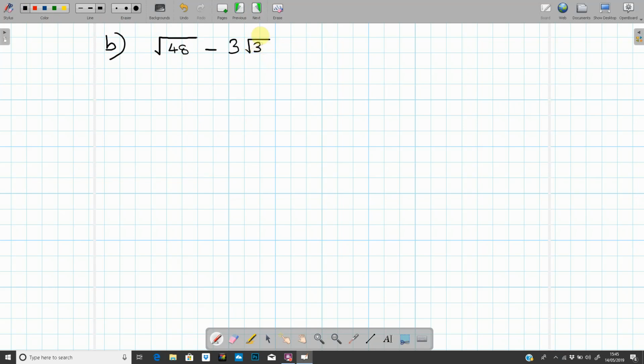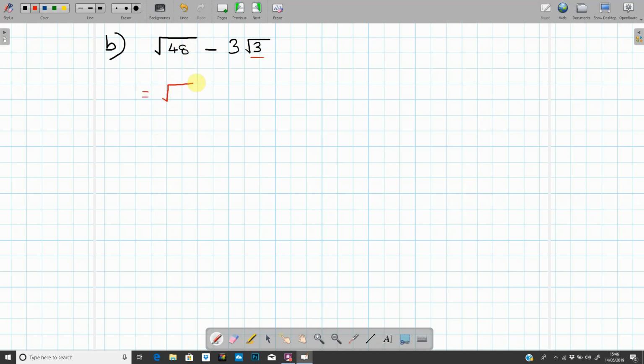Now, the trick here is this one is actually a lot easier than the previous one, because this value here, the square root of 3, gives you a clue as to what number you have to incorporate into the 48, because you cannot add or subtract surds unless the number underneath the square root sign is the same. So this one we can leave as it is, whereas we have to turn our attention to the square root of 48.